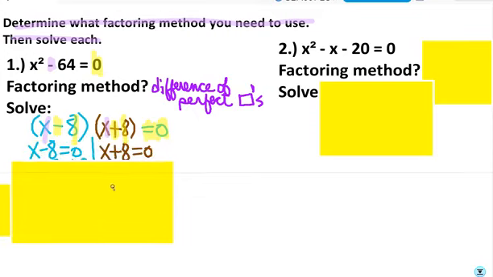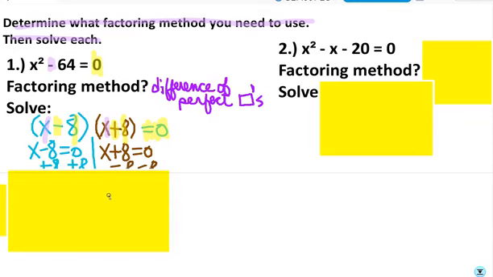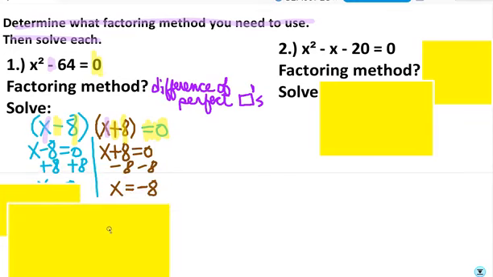So x minus 8 equal to 0, so one of my answers is x equals 8. x plus 8 equals 0 means my other answer is x equals negative 8. Since it's a quadratic, two solutions. The solutions are 8 and negative 8.